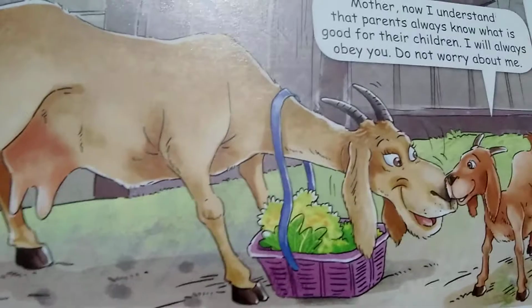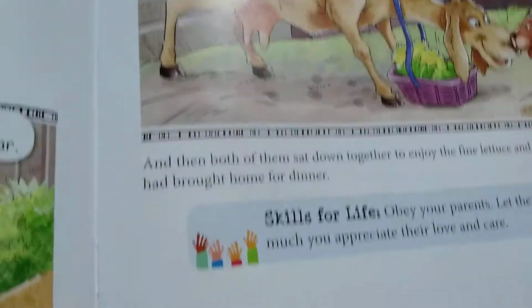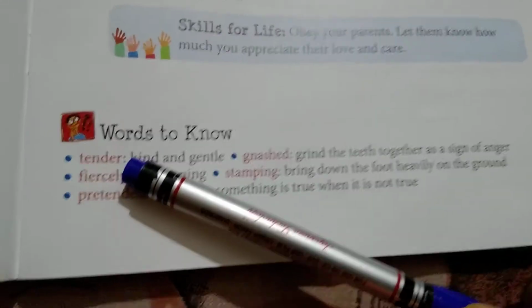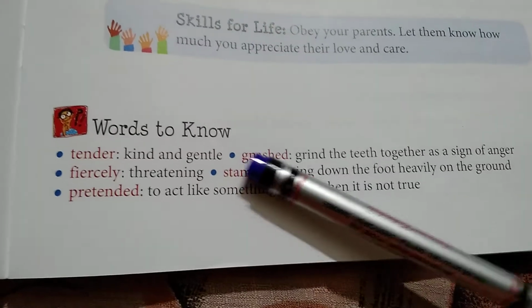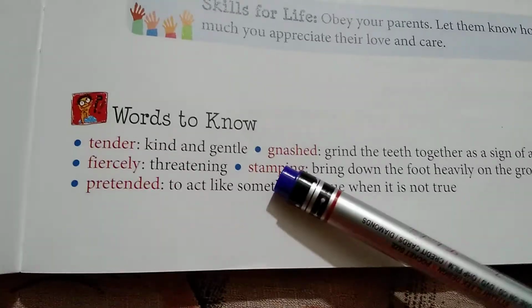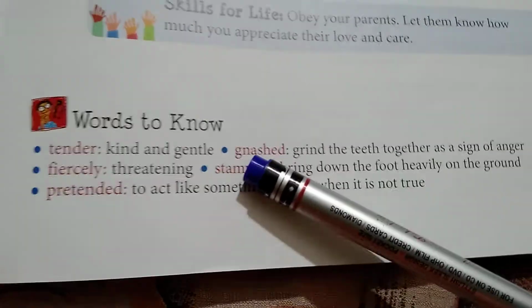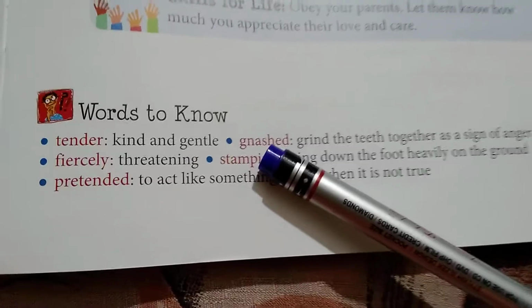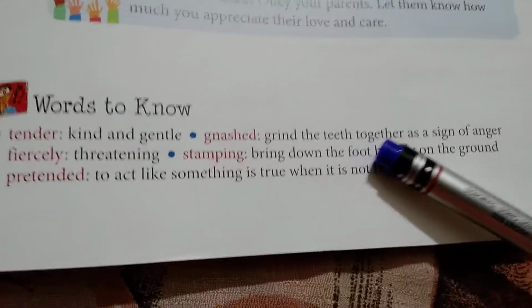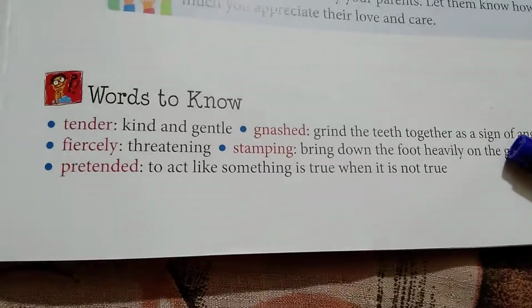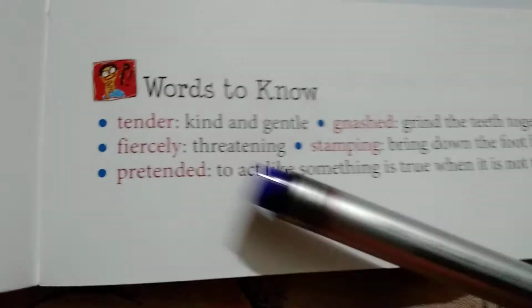Okay, so you must here learn the words: tender, kind, and gentle. Gnashed, the G is not pronounced here. Okay, gnashed, it is pronounced as nashed. Grind the teeth together as a sign of anger.